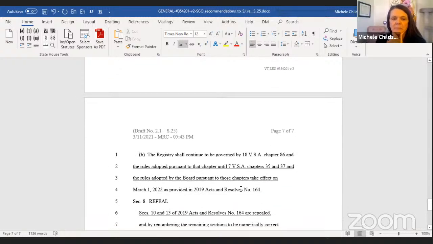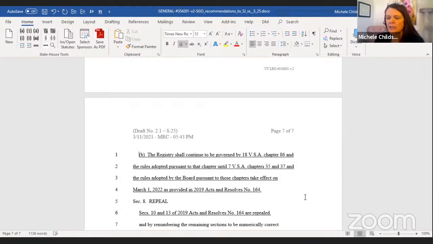And then you'll see here in subsection B that the registry is to continue to be governed, and the dispensaries as well, by the existing statutes in Title 18, Chapter 86, and the rules that have been adopted by DPS pursuant to that chapter.